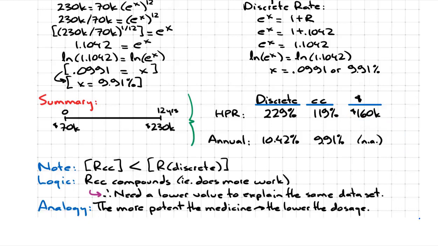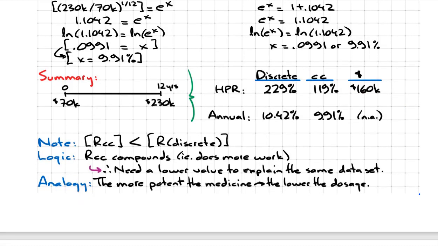Now note the following. First of all, notice that the continuously compounded rate is always less than the discrete, whether you're looking at holding period return or annual rates. You can see that the discrete is greater than the continuously compounded. So why is that? Why is it that the continuously compounded rate is always less than the discrete?